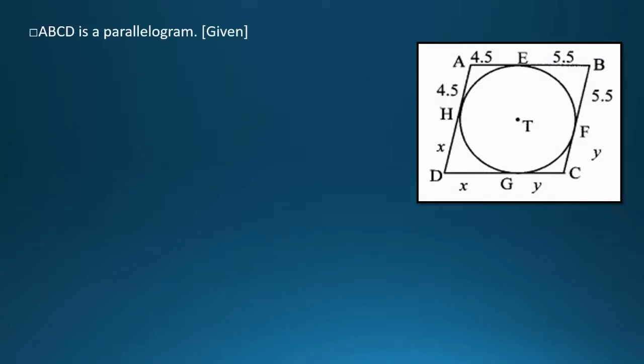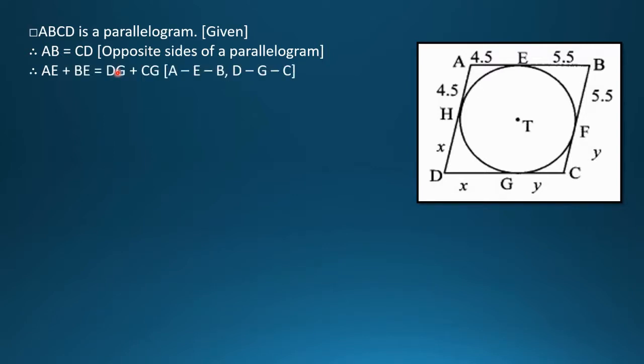So it is given quadrilateral ABCD is a parallelogram, and AB is equal to CD as opposite sides of a parallelogram. Segment AB is formed by AE plus EB. Similarly, CD is formed by DG and CG.